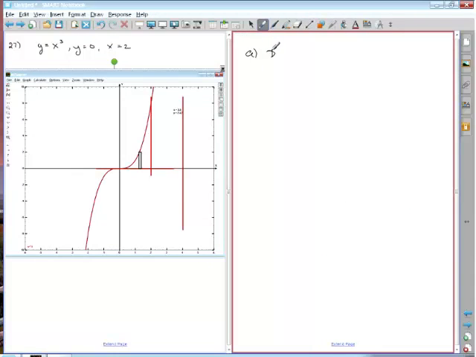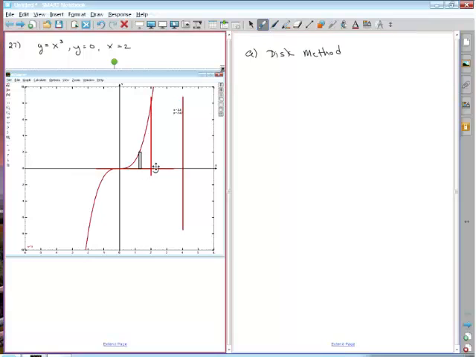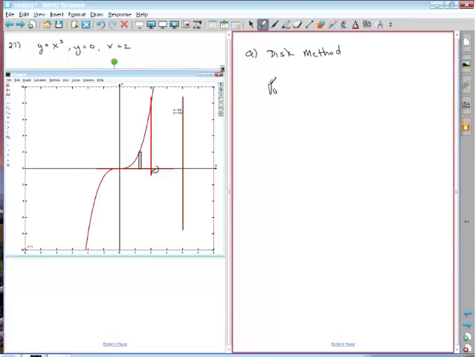So this is the disk method. Rotate around the x-axis. Our function that bounds the outside of this region is y equals x cubed. The inside is the x-axis.